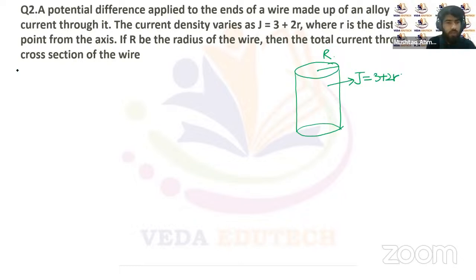We know that current is the integral of current density dotted with the area. Now, the area of cross section is along the direction of the current density.